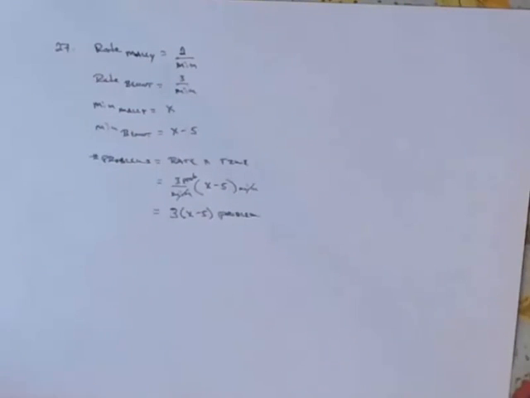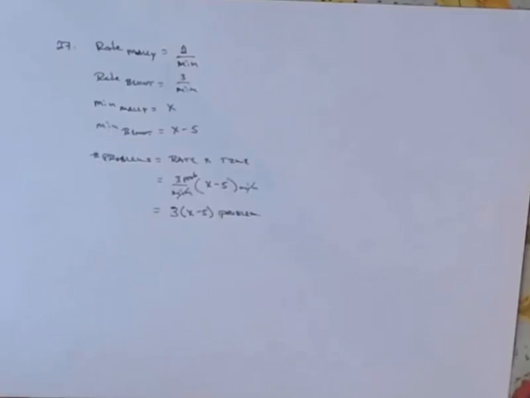So what that's saying is at any given time x, and x is the number of minutes that Mally has been working, you can compute how many problems Benny has completed with the formula 3 quantity x minus 5. Now there's a stipulation on this that the problem doesn't go into, but I just noticed it.